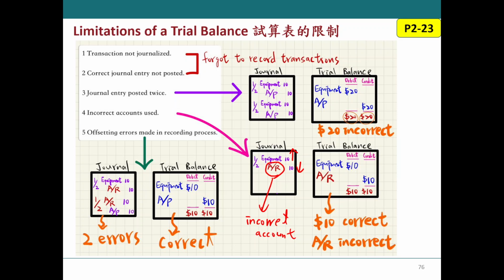You pay the cash to buy equipment or you borrow money, you owe the money to buy equipment. Okay? So you should double check whether it makes sense or not. Okay? So for this, when I look at the journal entry, I know accounts receivable should be wrong. Maybe the correct account should be cash or notes payable.